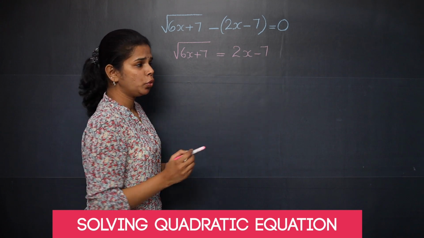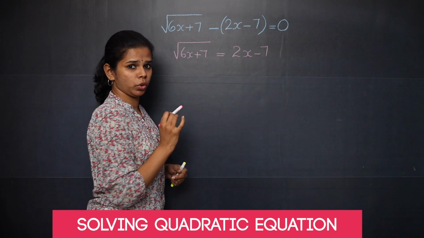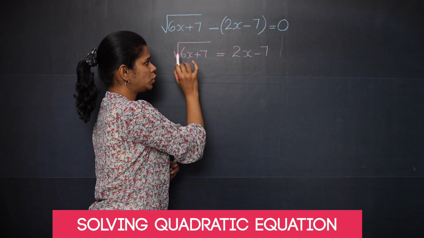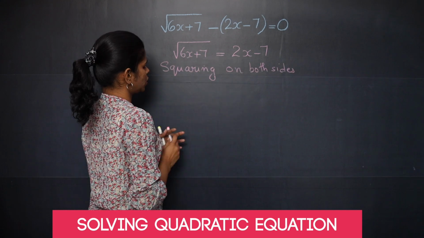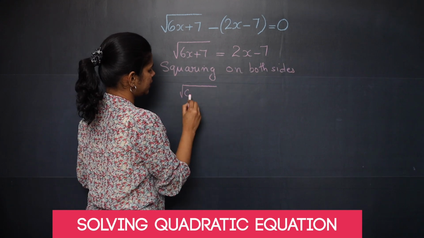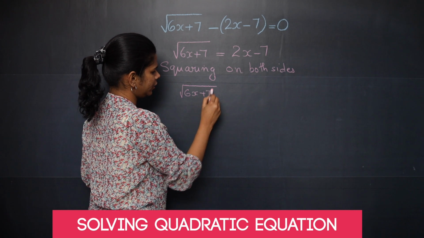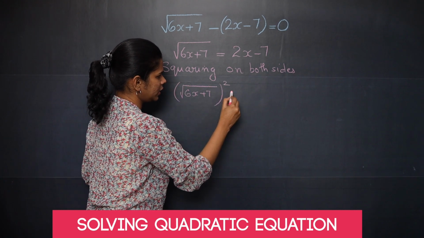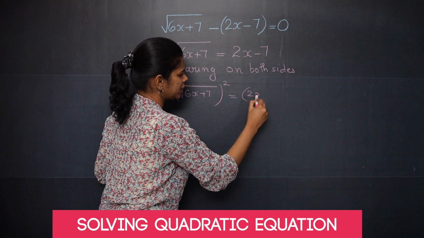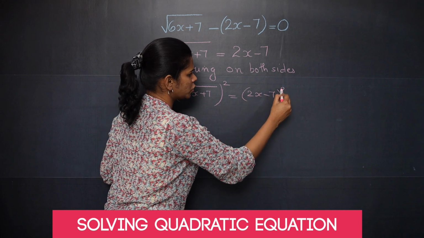Now what you need to do? You need to remove the square root. So you need to square on both sides. Square root of 6x plus 7 the whole square is equal to 2x minus 7 the whole square.